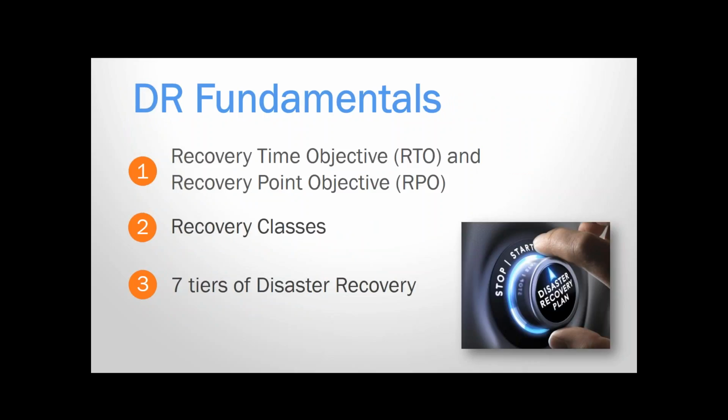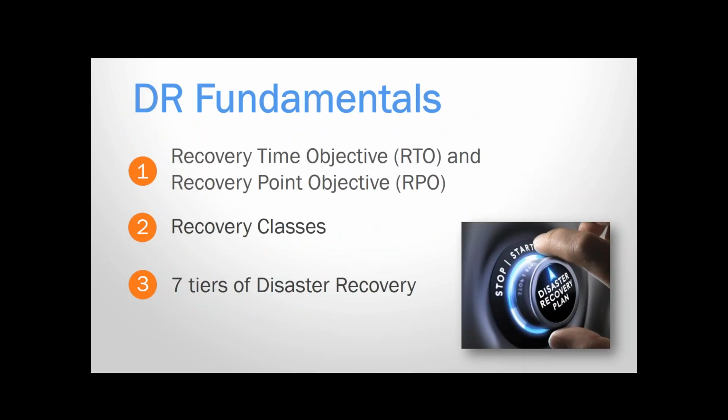So let's look at a couple of disaster recovery fundamental concepts. It may sound a bit technical, but just bear with me and let me explain and hopefully simplify them for you. So the two most important concepts are the recovery time objective and the recovery point objective.